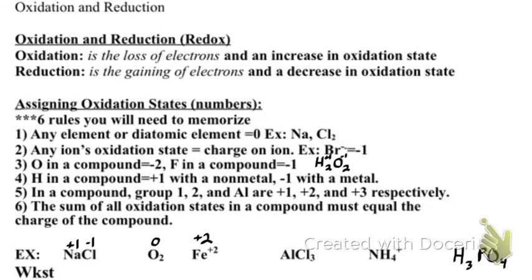Okay, now things get a little more complicated as we start to look at multiple elements in a compound. So here we have 3 chlorines in one compound in this aluminum chloride. And so as I look through the rules, it looks like I have a rule specifically for aluminum, and it's that aluminum is always +3. So, +3 for aluminum. Now, this compound does not have a charge. There's no charge written here to indicate that there is, so we know that there is not.